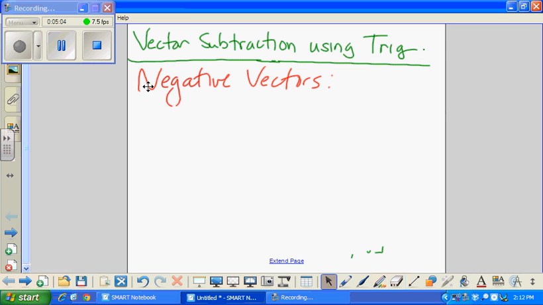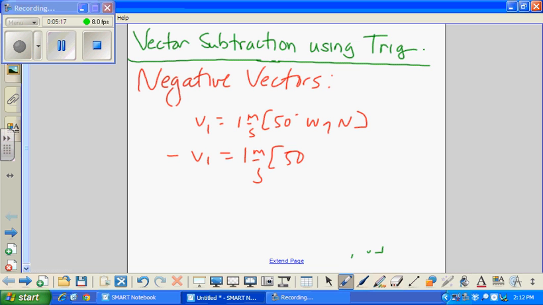So just to run through a bunch really quick, if V1 equals 1 meter per second, 50 degrees west of north, negative V1 would be 1 meter per second, 50 degrees east, opposite.